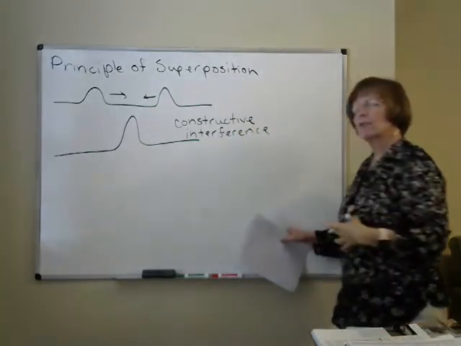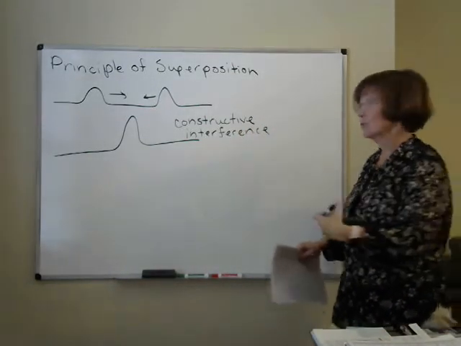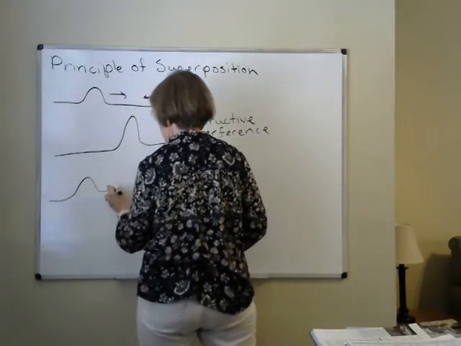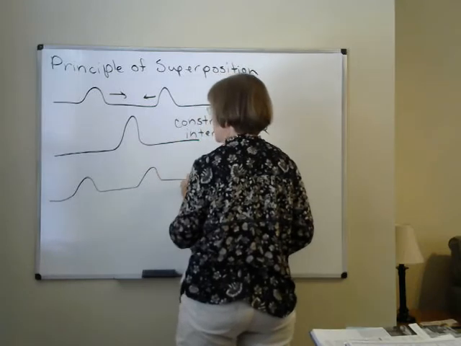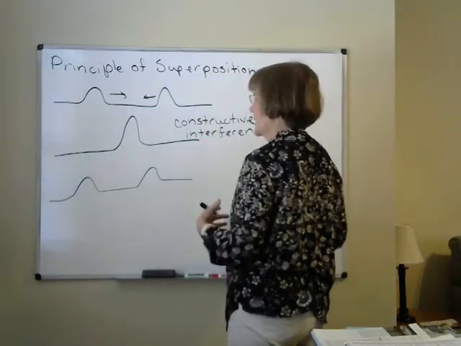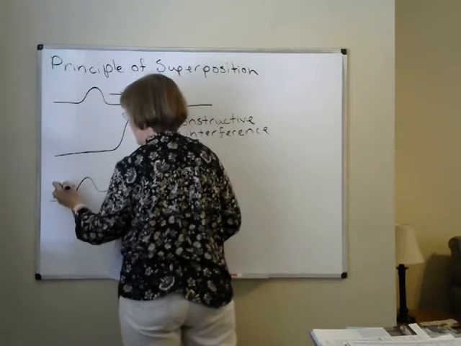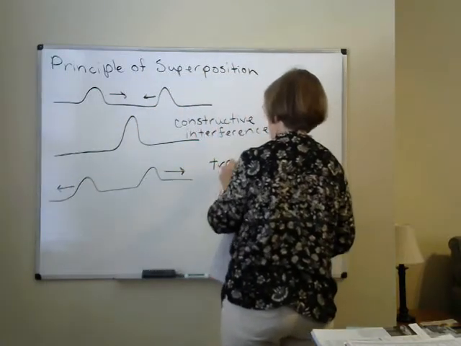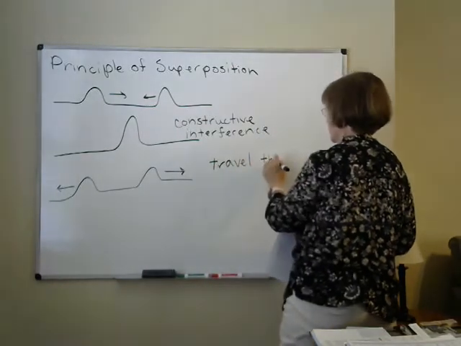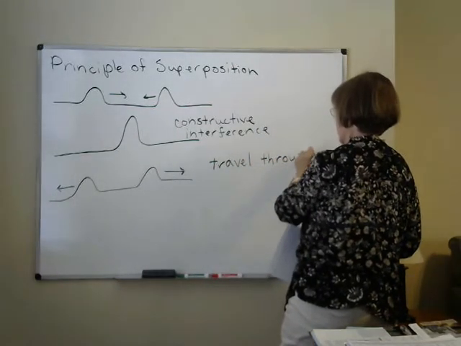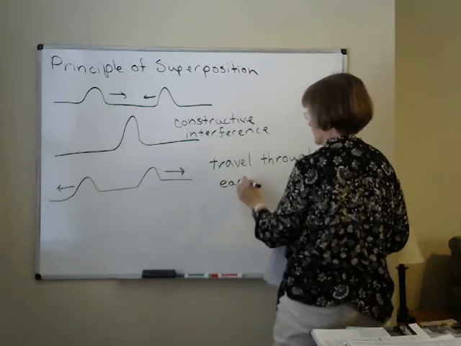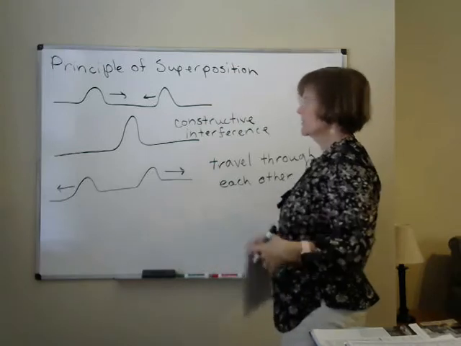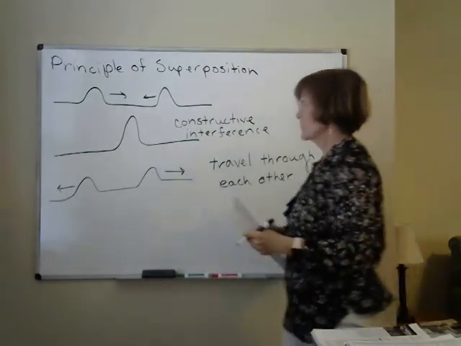Anytime you have an increase in the amplitude of a wave, that's constructive. Afterwards, it'll look like this. Now, sometimes people think it looks like the waves bounce off each other, but they in fact pass directly through each other. That's a little bit easier to see if those waves are not identical.